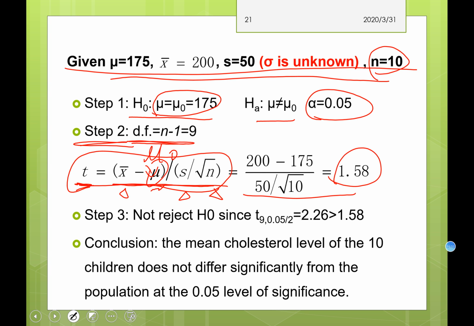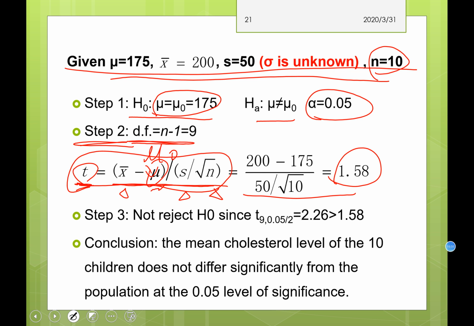Here is something special. You need to notice that. Sometimes we will find that after the calculation, we get a t value which is a negative number. But in our table A2, there is no negative number.